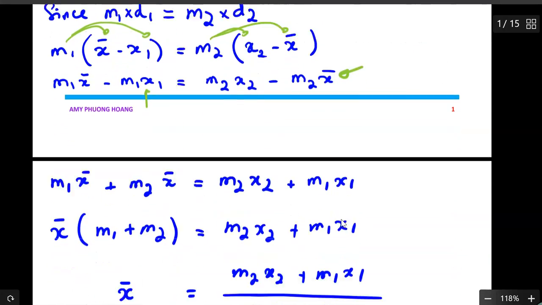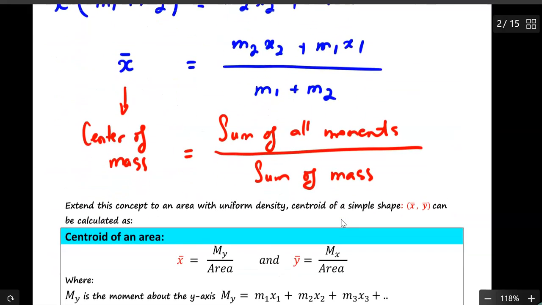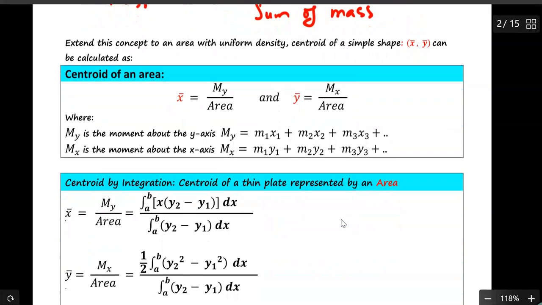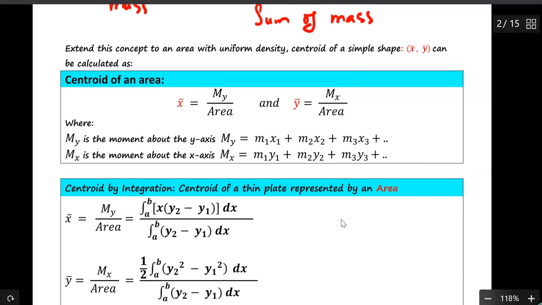Now if I would like to project it onto an area, then I must have the y-axis as well. So project it onto a Cartesian plane, I will have x bar as the ordinate for the centroid, with the x-axis and the y-axis.